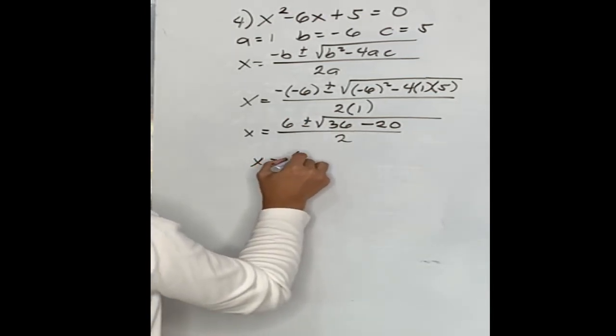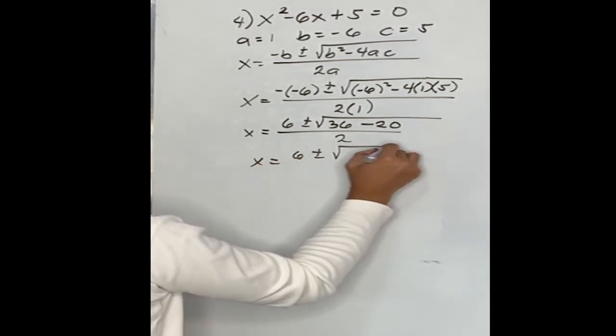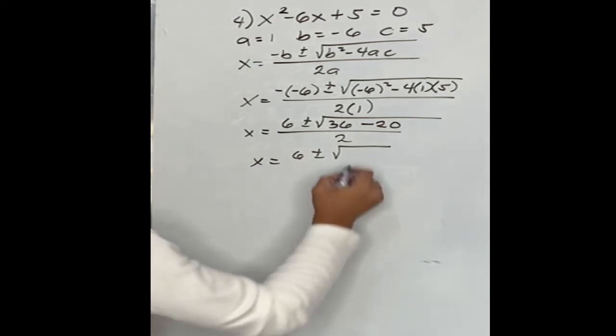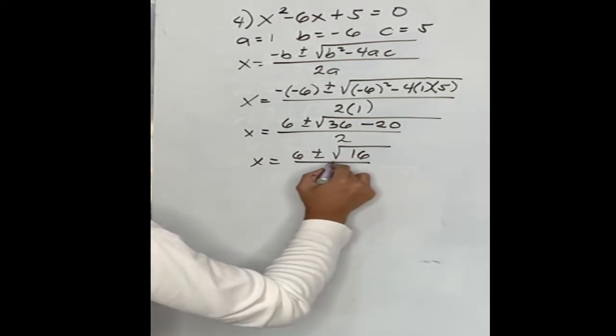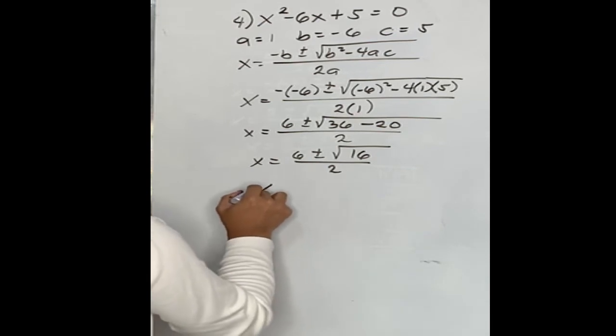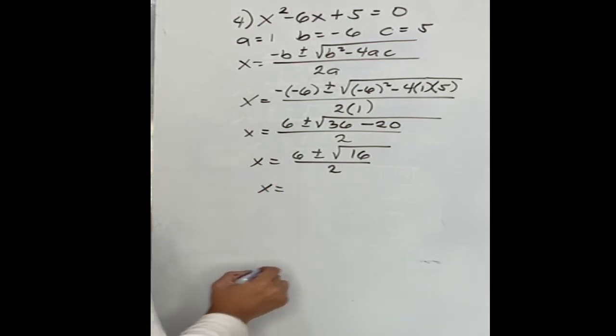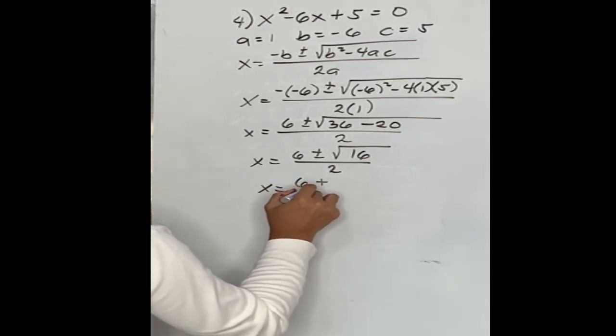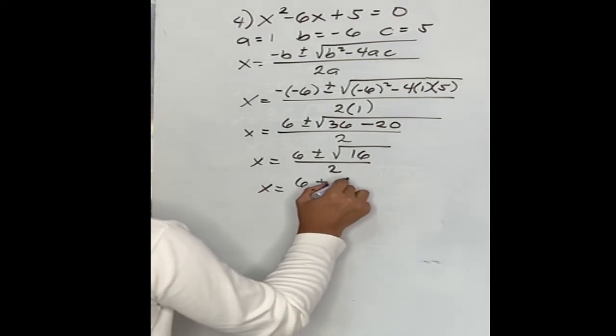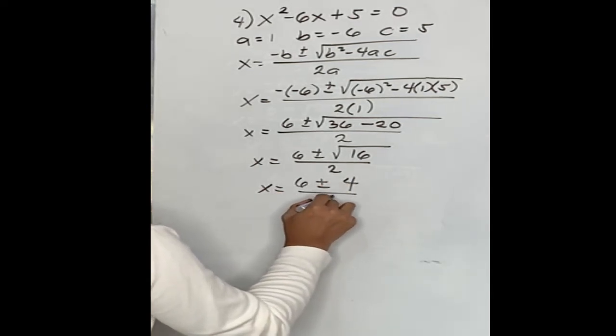X is equal to 6 plus minus the square root of 36 minus 20 is 16 all over 2. So 6 plus minus the square root of 16 is 4 all over 2.